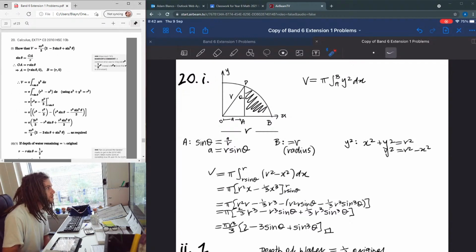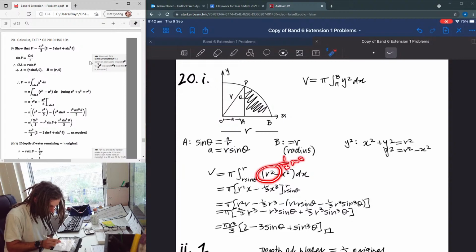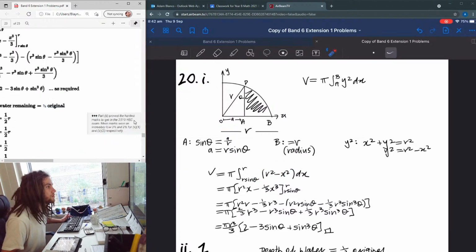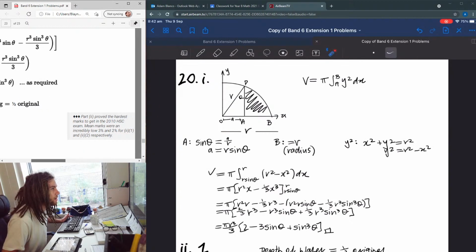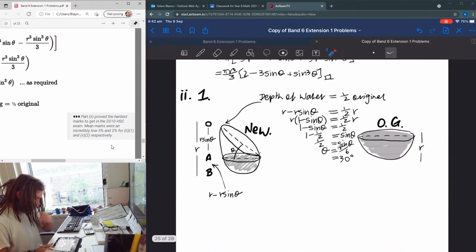Volume. Yeah, so look at this. It said the common error was to integrate that as a third r cubed. And then look at this. So part II was the hardest mark to get, so 3% and 2% for these.